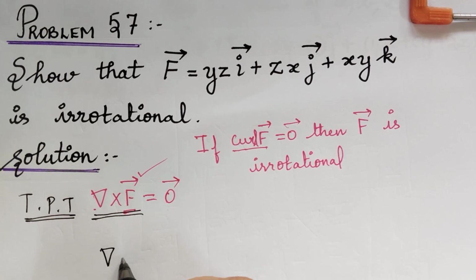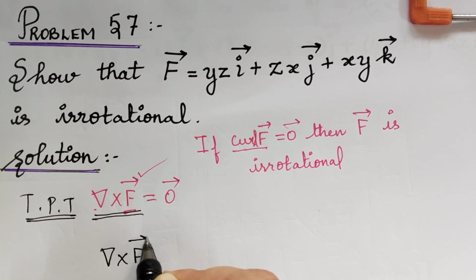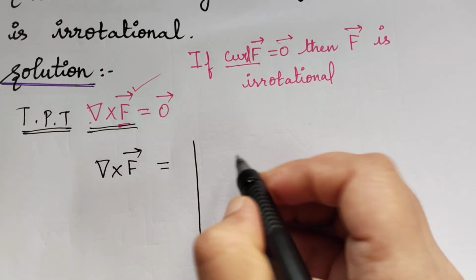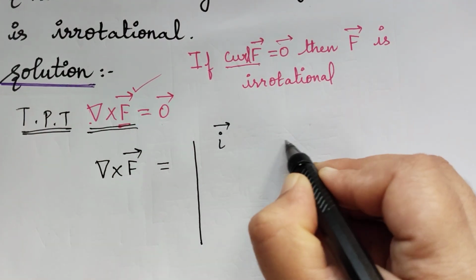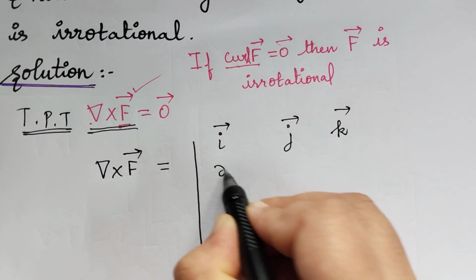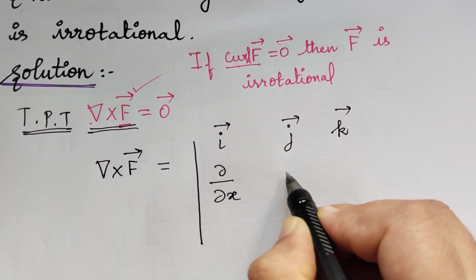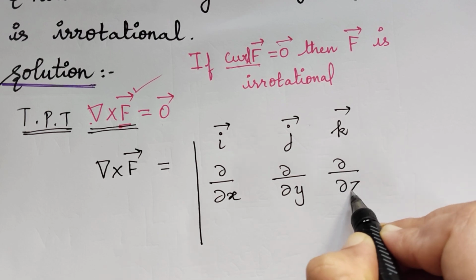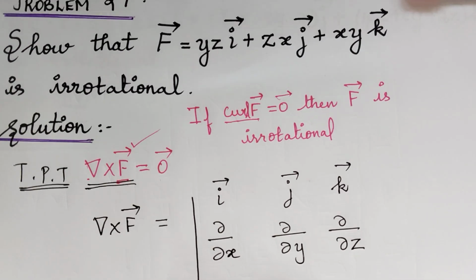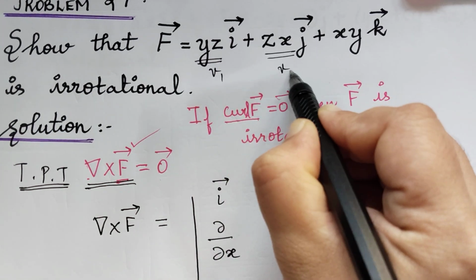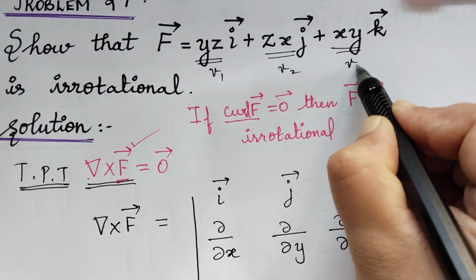So we know that by the formula of curl of a vector, it is equal to the determinant value of, first we will have i vector, j vector and k vector, and then dou by dou x, dou by dou y, and then dou by dou z. And here we will have the ith component, so this is v1, the jth component is v2, and the kth component is v3.